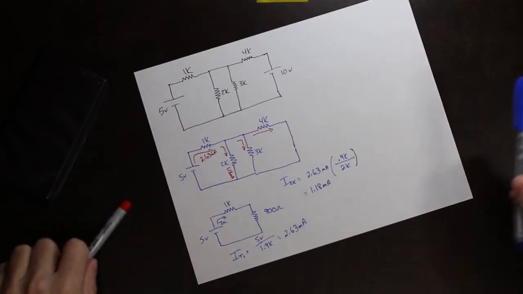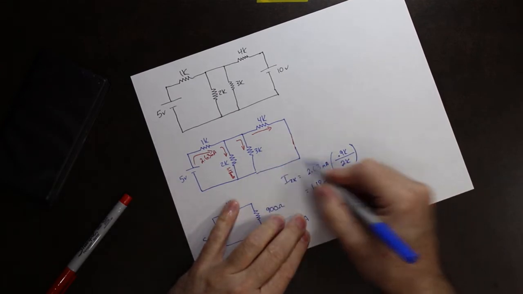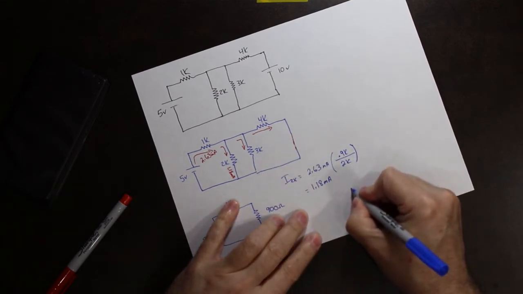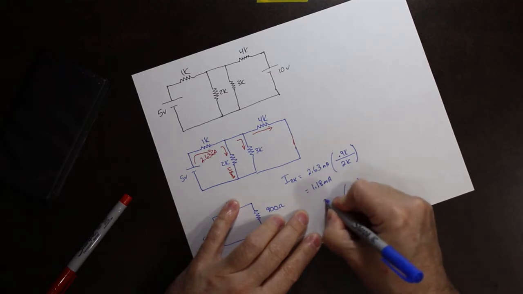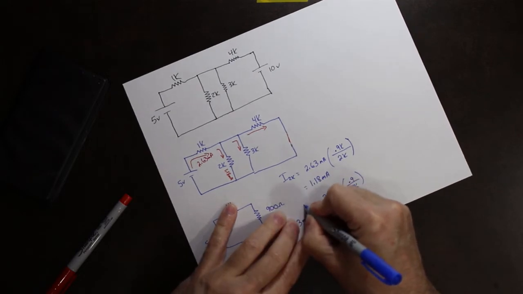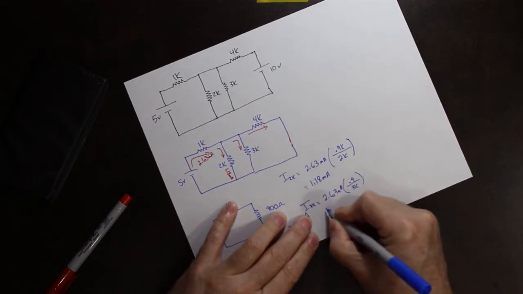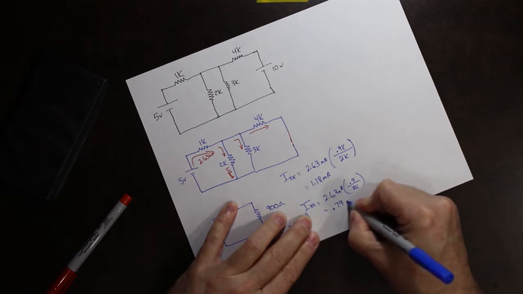Now we're just going to apply the same thing, but instead of the 2K, it's going to be the 3K on the bottom. So 0.9 over 3K times 2.63 milliamps, and this is I of the 3K. That works out to be 0.79 milliamps.